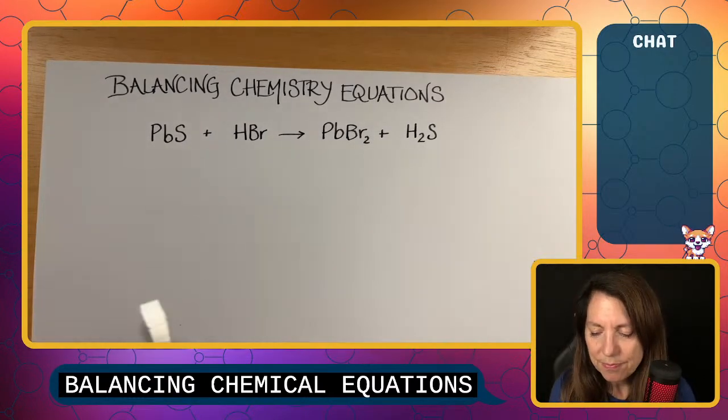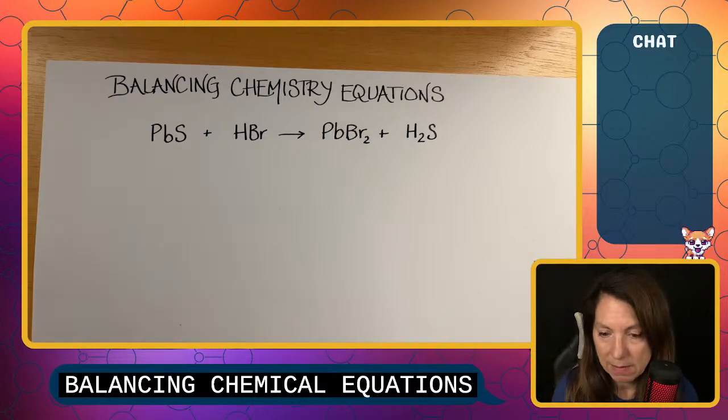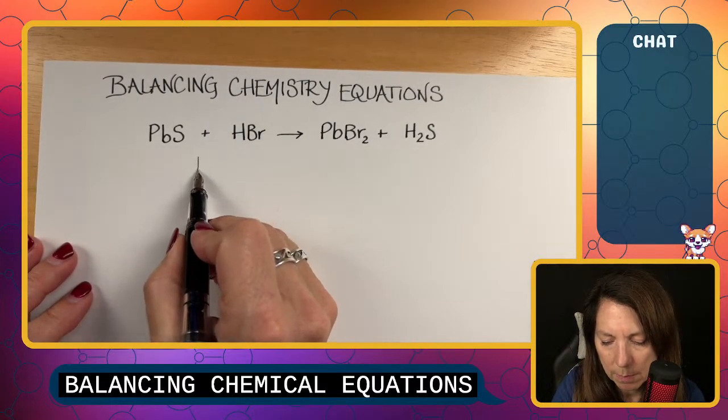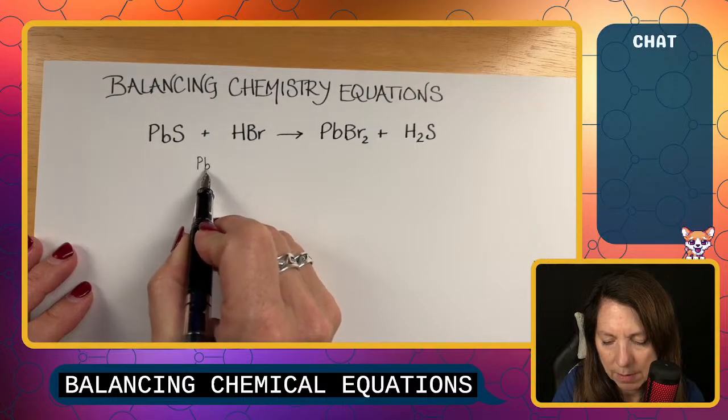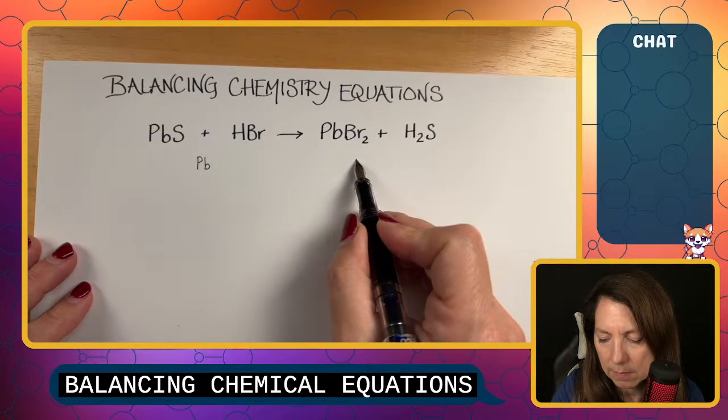Now, in terms of balancing, this means that we need to have the same number of lead atoms on both sides. So I'm going to write down lead. We'll take notes down here. This is just going to be our tally. Lead on this side and lead on this side.